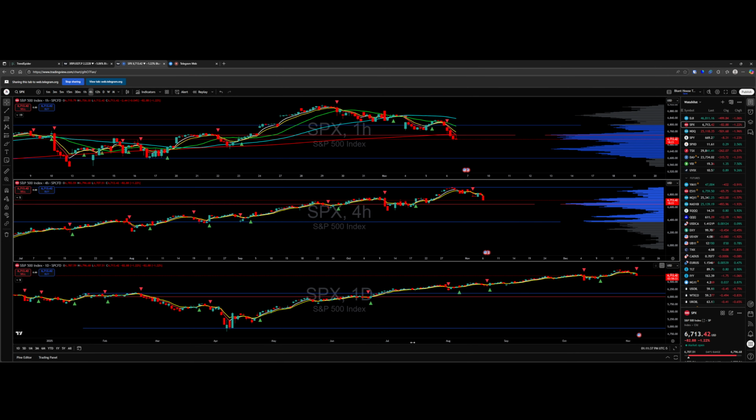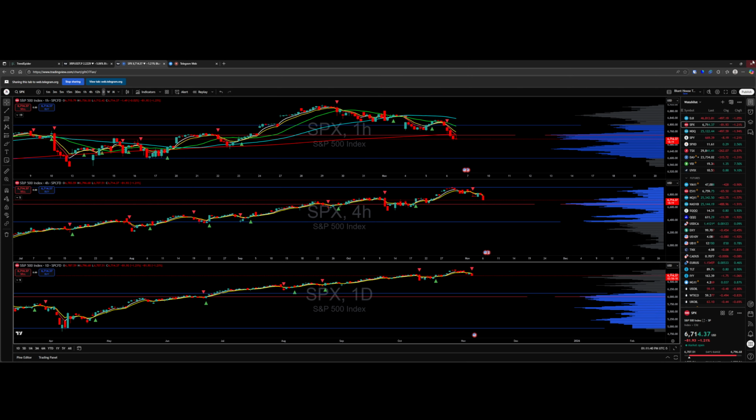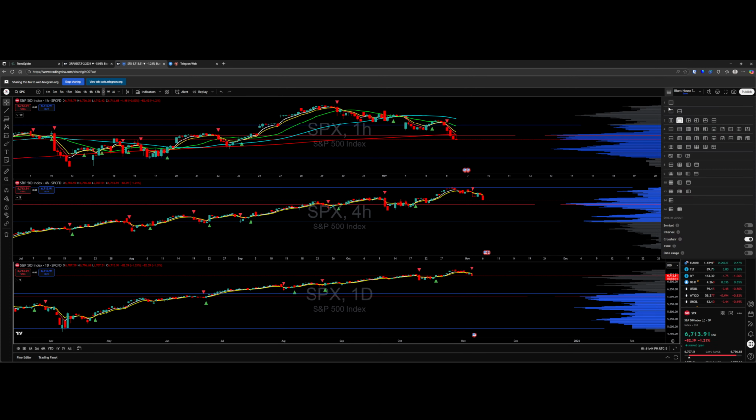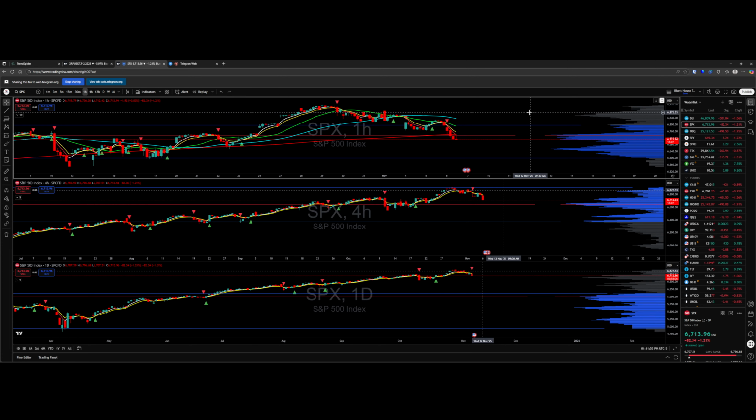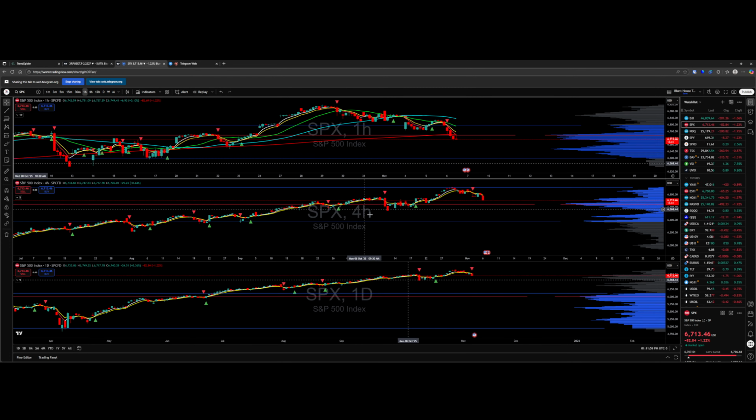All I've done is go into TradingView, up into the right side of your trading panel, and you'll see all these different options for chart layout, and I'm just using one of those. That's how I got here. 1 hour SPY, 4 hour, daily.